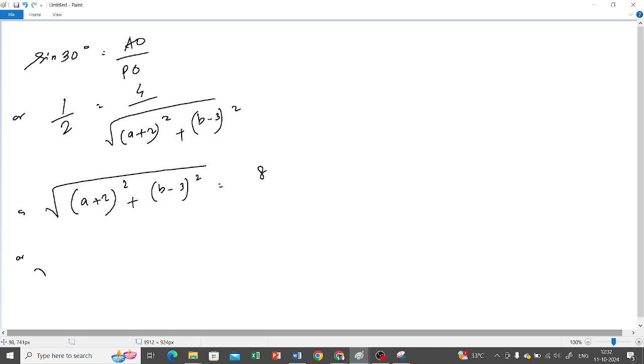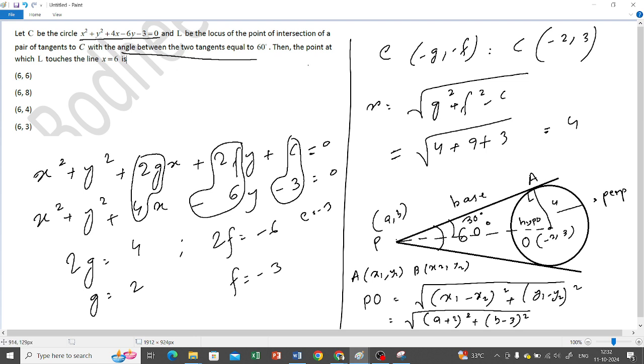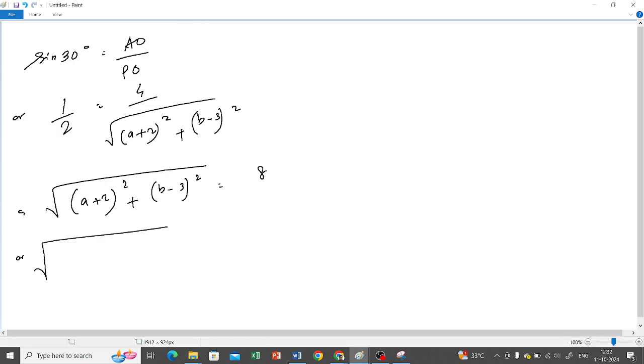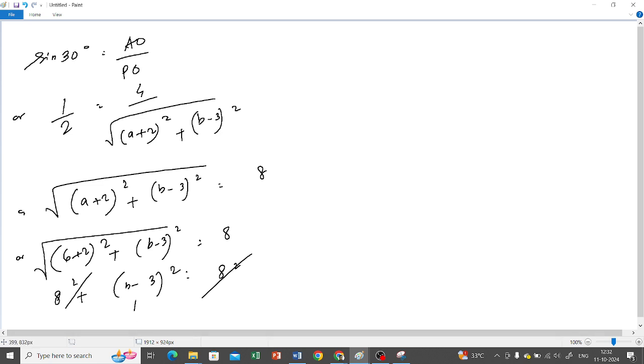So what is this going to be? Now see, it is given that the point at which L touches x is 6. So that means the abscissa is 6, so the value of A is 6. Squaring both sides, it will get cancelled out.